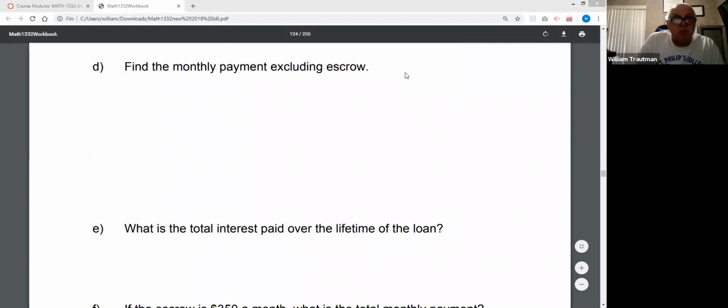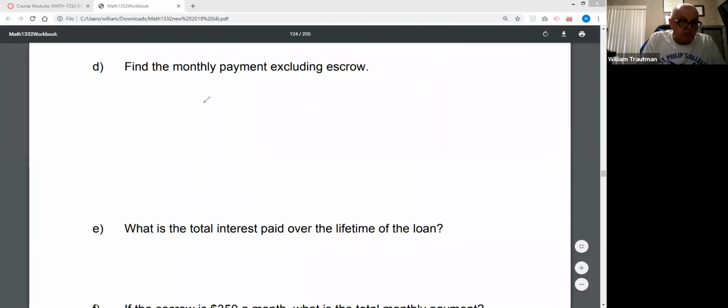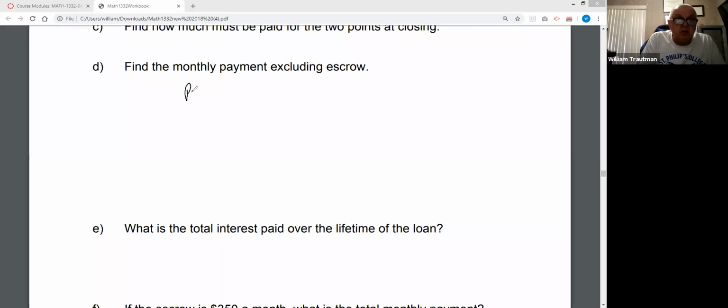So when we plugged all that into the formula, oh, now I'm really messed up. Our payment formula should be: our starting amount was 172,000.